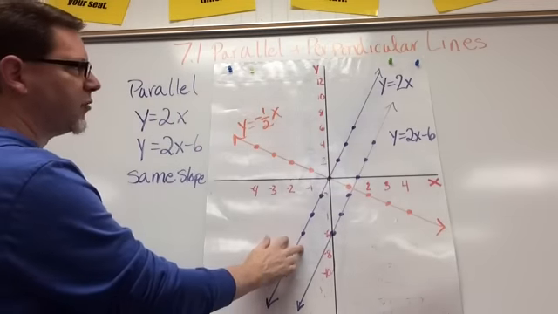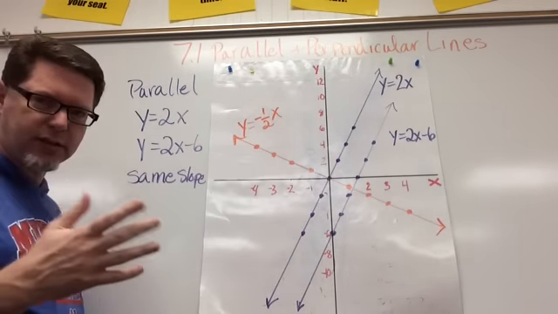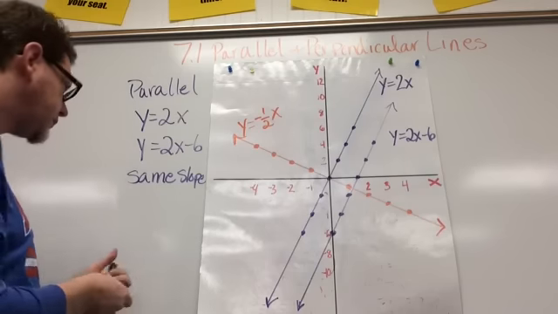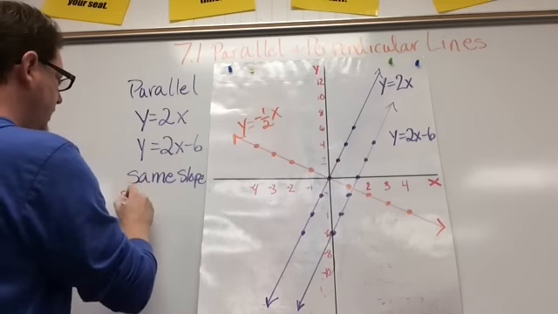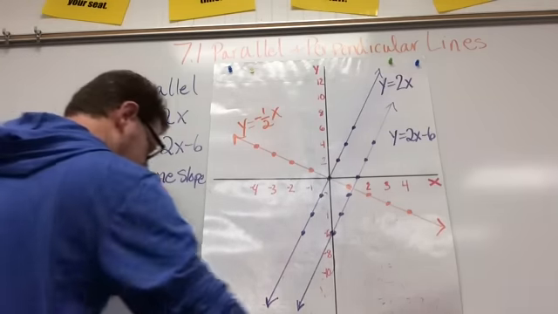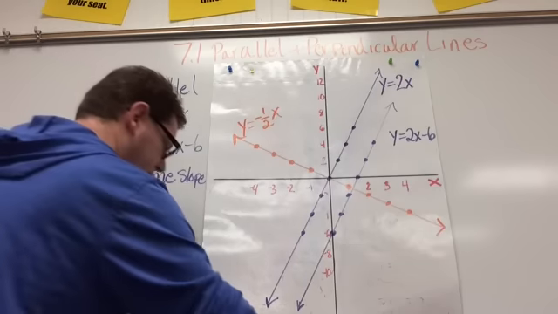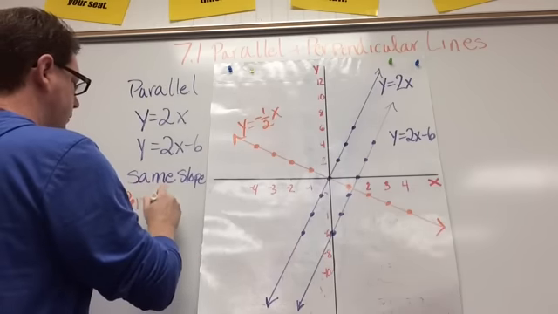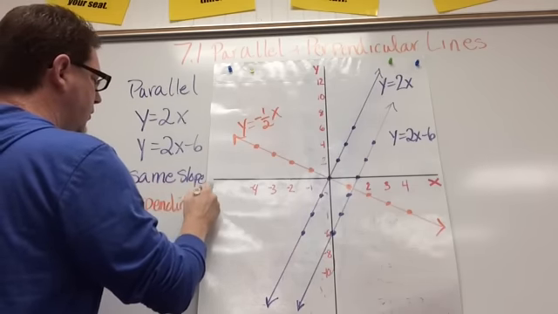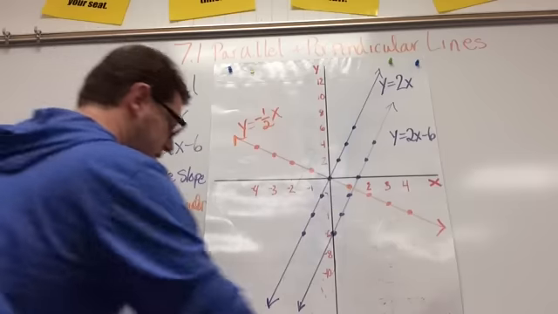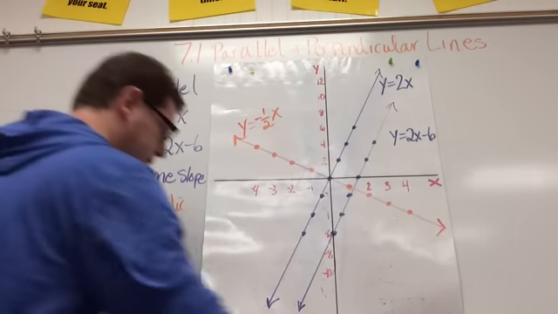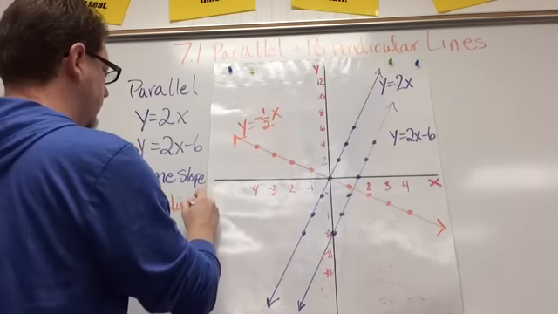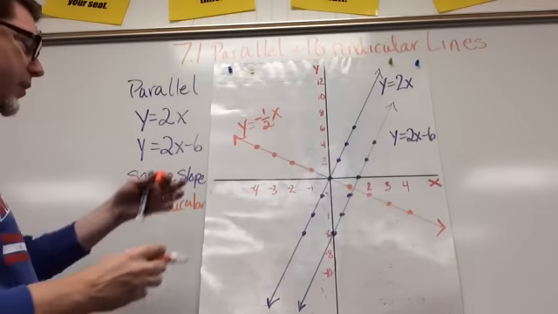Now let's look at the purple line compared to the orange line. And I'm going to focus on y equals 2x just because it's easier to deal with in our problems. So with perpendicular, I guess I could spell it correctly. With perpendicular lines, that is so bad. We have perpendicular lines.